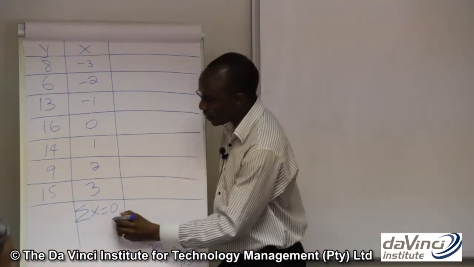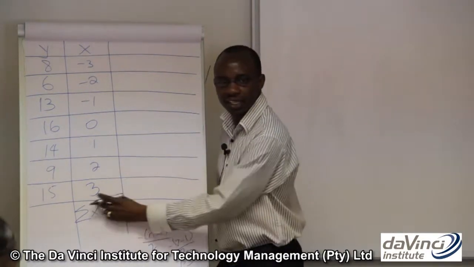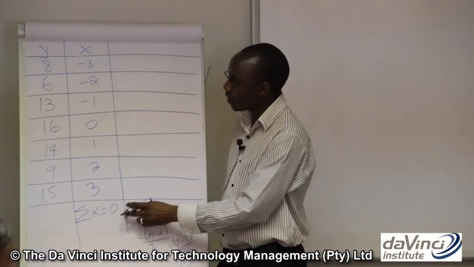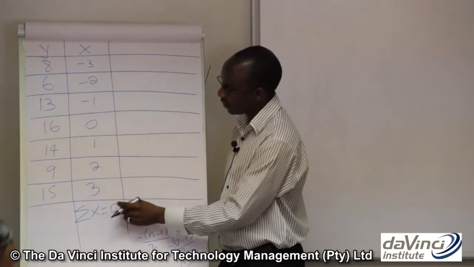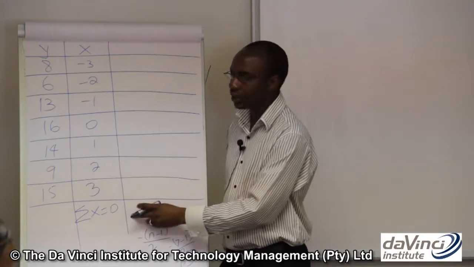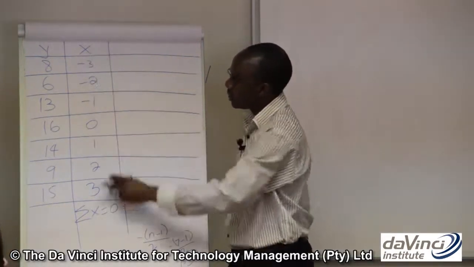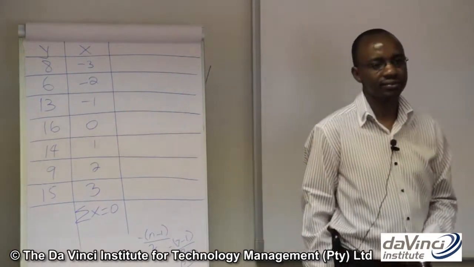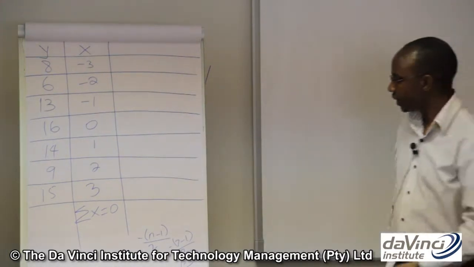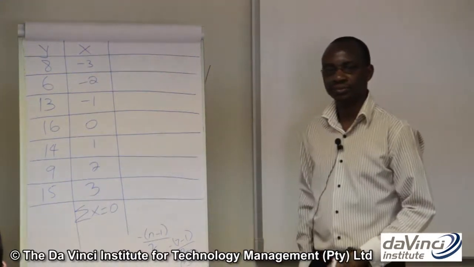So that's what it means when it says sum of x is equal to 0. This method makes the sum of x equal to 0. Just add these totals and see what you get. 0. So the sum of x is equal to 0.